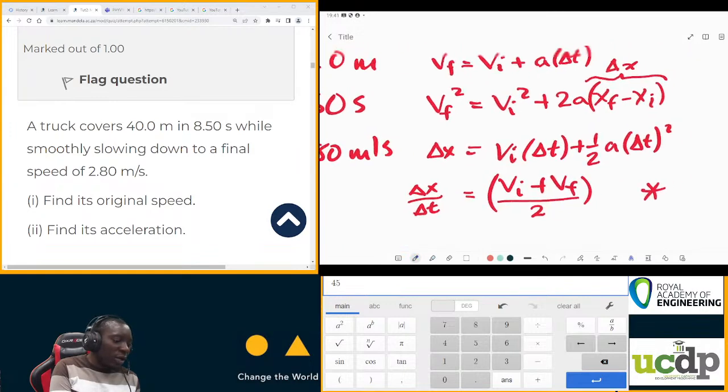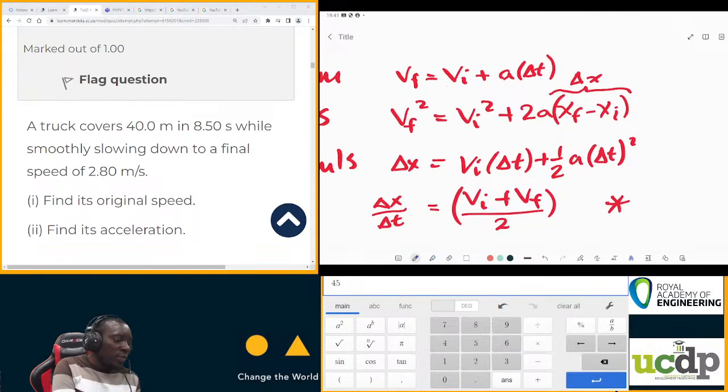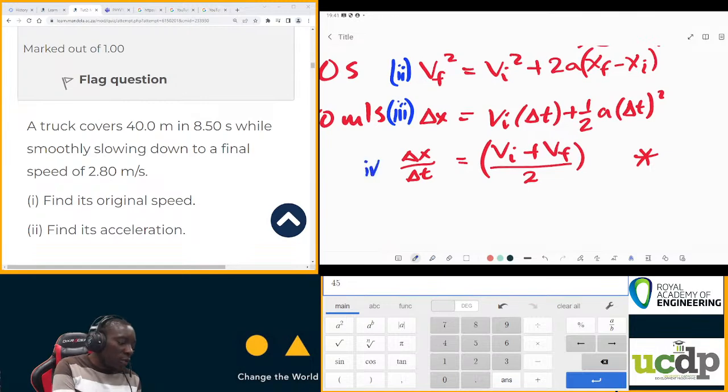So I've listed 4 equations here: equation 1, equation 2 for final velocity in terms of initial velocity and displacement, equation 3, which is the displacement in terms of the initial velocity and time when acceleration is also given, and equation 4, the average velocity equation.